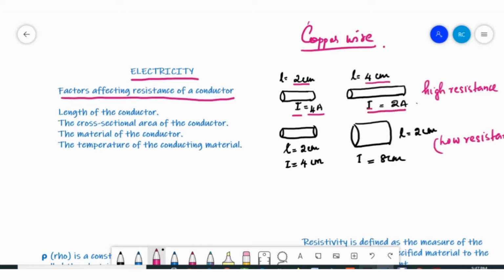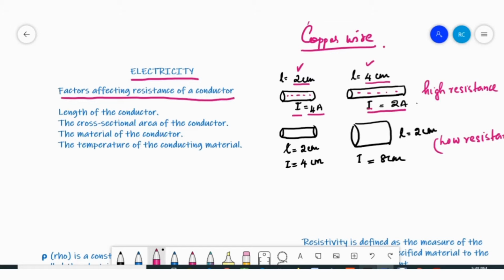So when you compare the length of the two substances, the first one is 2 centimeter and the second one is 4 centimeter. But look at the ammeter reading. The current passing through the first conductor is 4 ampere and that of the second one is 2 ampere. Which means when you increase the length of the conductor, the current will be decreasing.